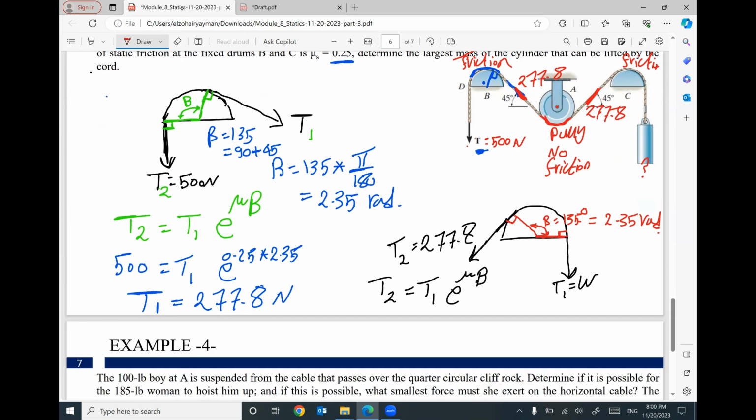So T2, 277.8, equals T1 times e to the power 0.25, which is the value of mu times beta in radian. So the value of T1 will equal, let me check, 0.25 times 2.35.